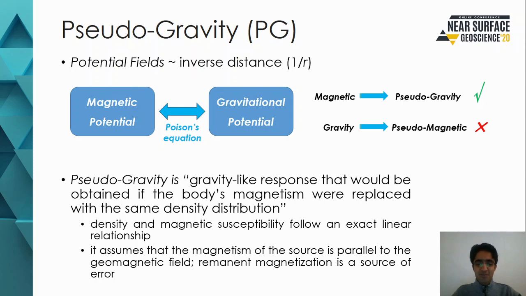Additionally, it assumes that the magnetization is entirely induced, so no remanent magnetization is present, but it could be a problematic assumption. But in some cases, if the remanent magnetization is not severe, the application of pseudo-gravity would be very interesting.